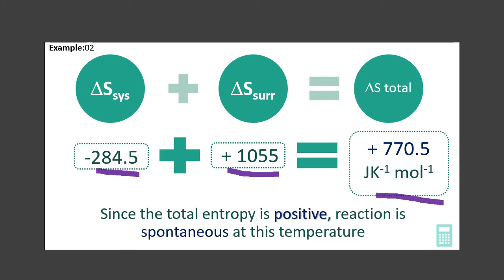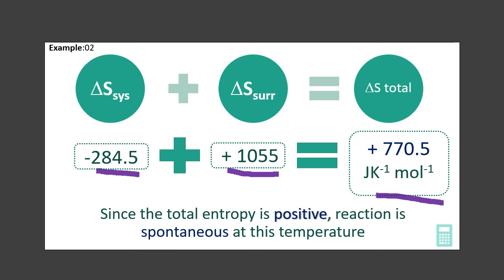Which means it's important to note that the total entropy can still be positive even if one value is negative, depending on the magnitudes of the positive or the negative value. So I hope that's very clear to all of you.